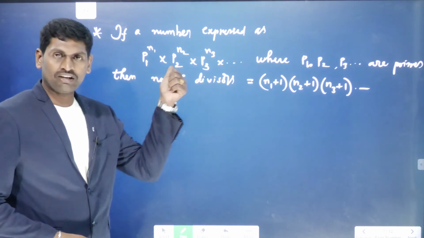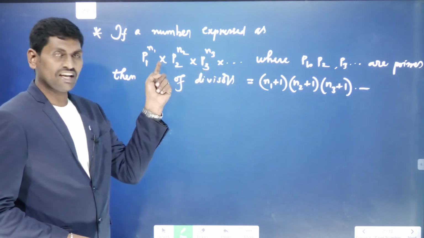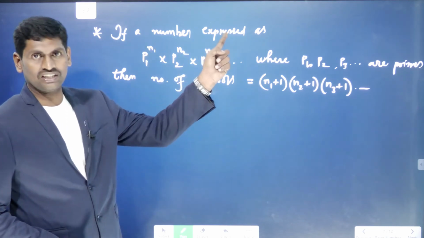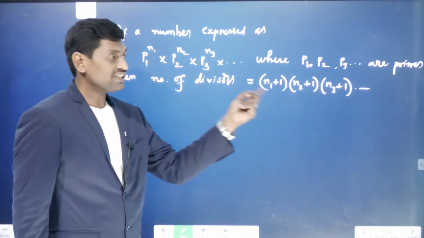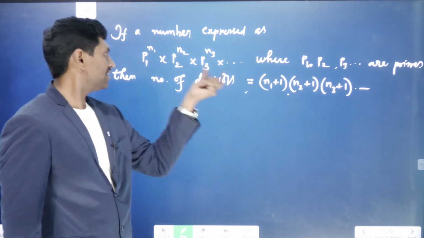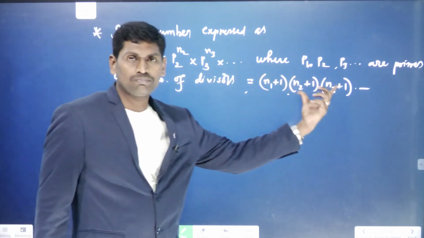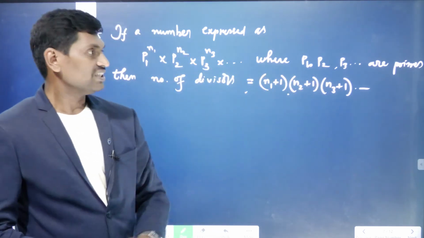Here p1, p2, p3 are the prime numbers, each having the exponent n1, n2, n3. So for the answer we take exponent plus 1: first prime number exponent plus 1, second prime number exponent plus 1, third prime number exponent plus 1, and all are multiplied. This is the formula.